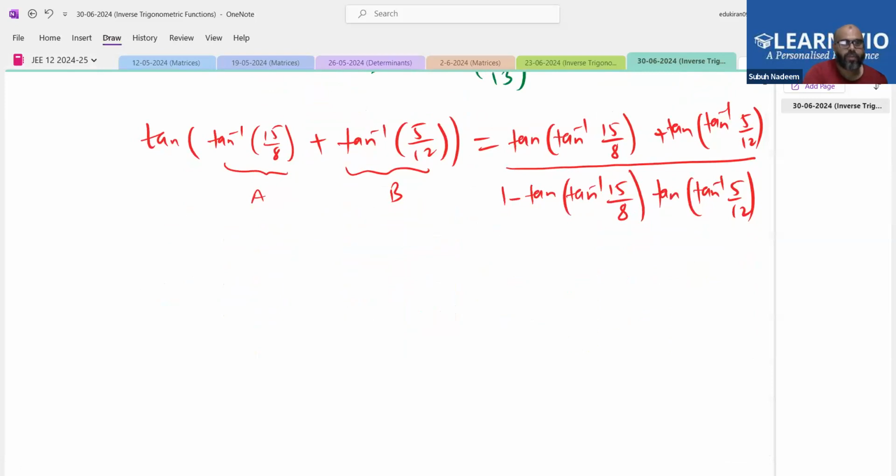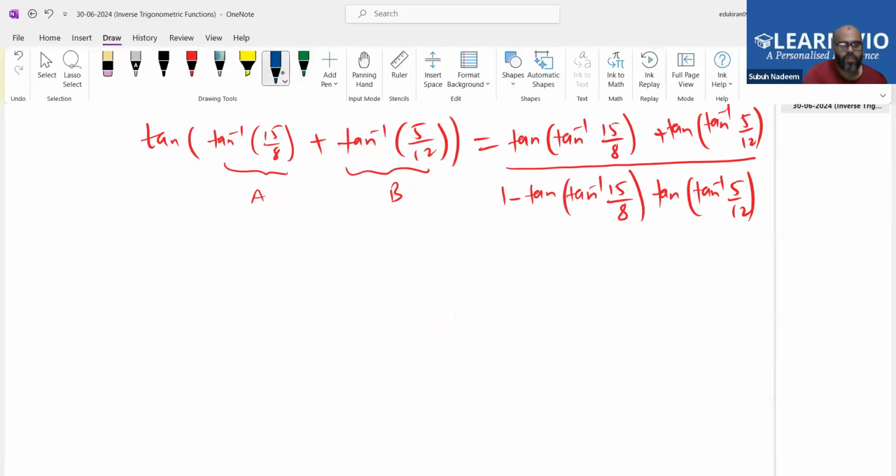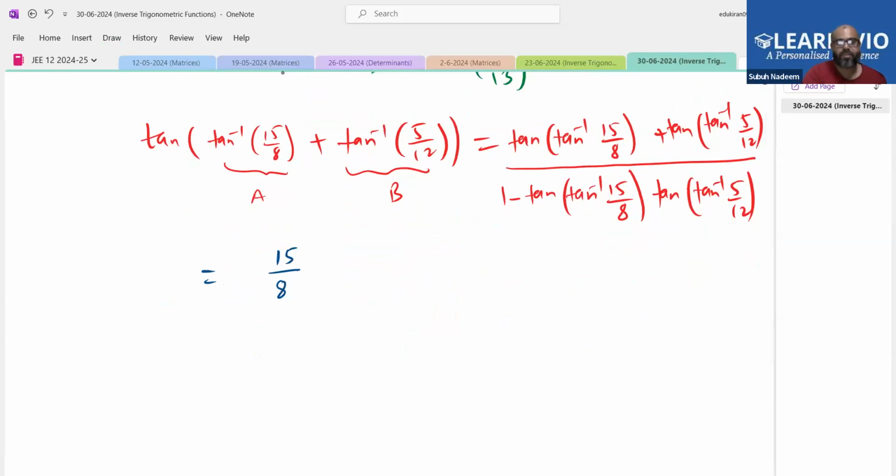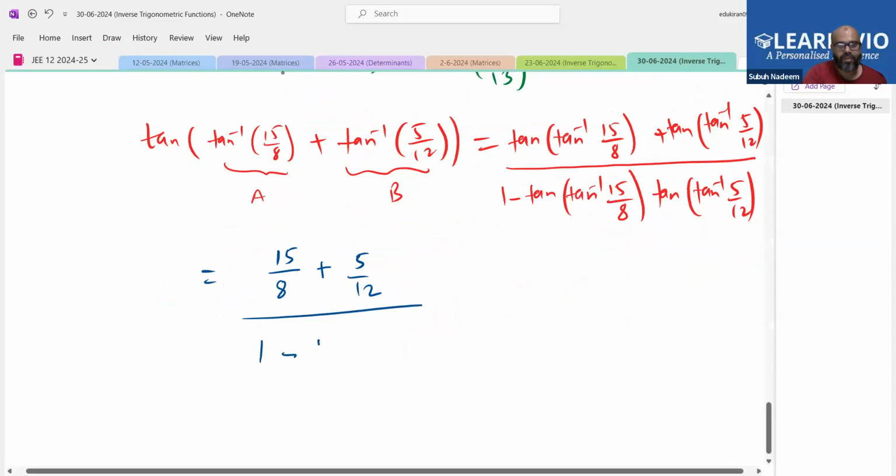So this will become equal to, tan and tan inverse will cancel, because tan inverse of a real number is some angle and tan of that angle is again the real number. This will be 15 by 8 plus 5 by 12, divided by 1 minus 15 by 8 into 5 by 12.